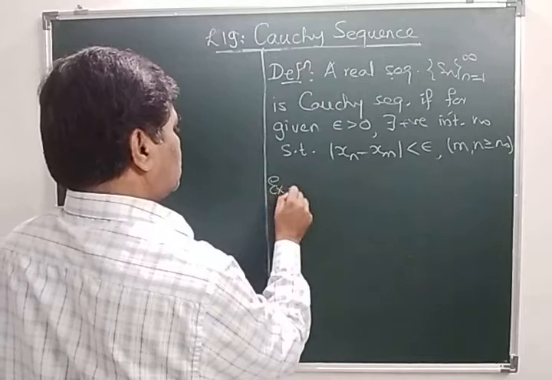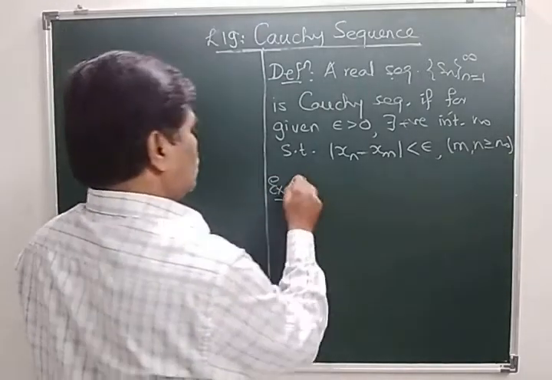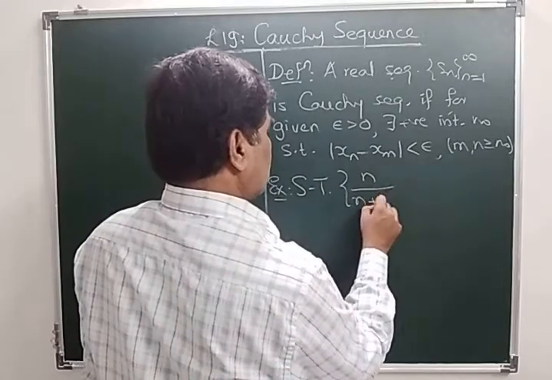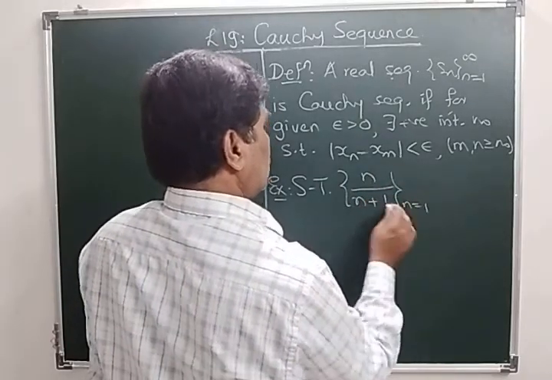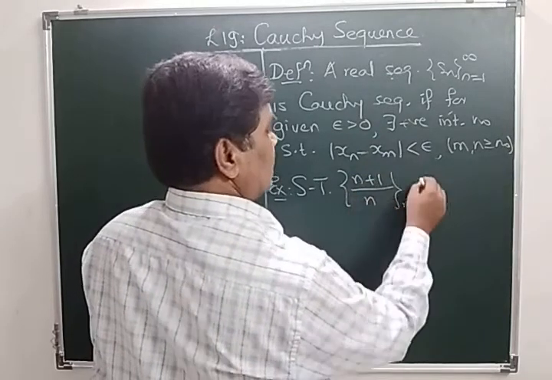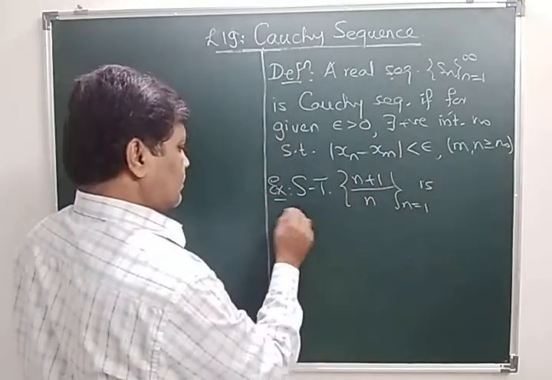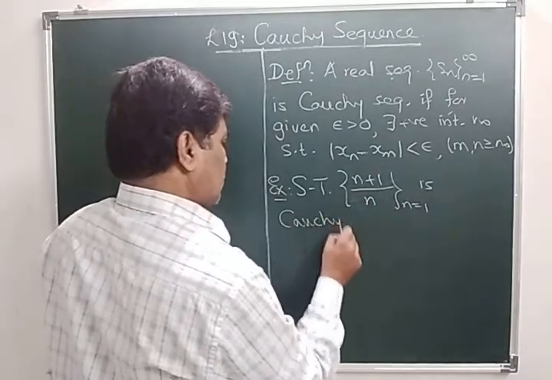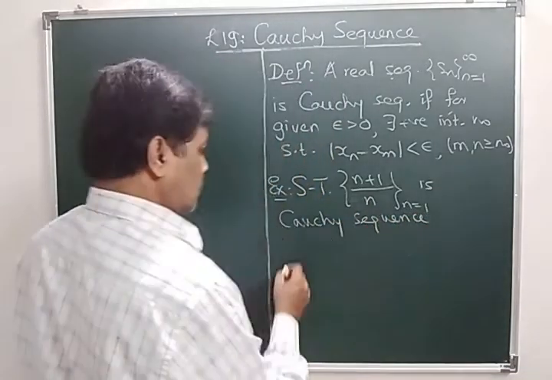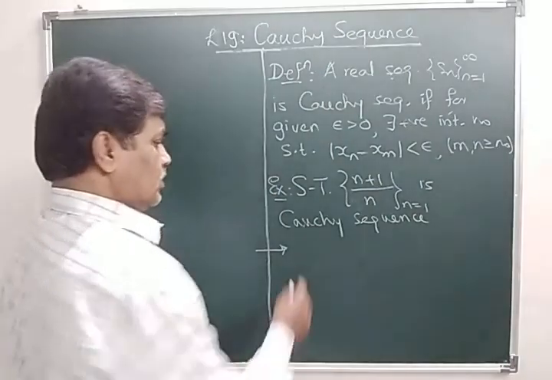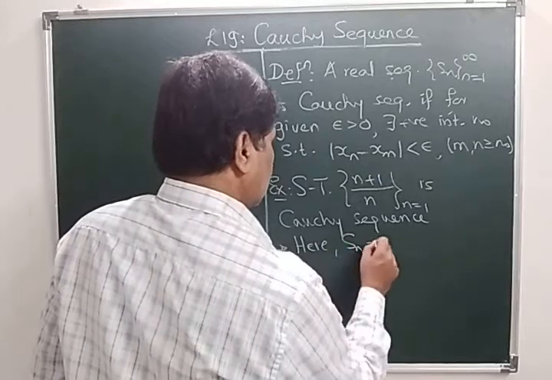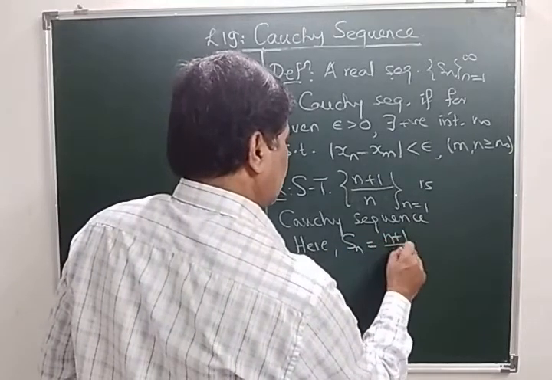Example: say if I take n upon n plus 1, or say n plus 1 upon n, is it a Cauchy sequence? So here, for this sequence, what is your Sn? Sn is n plus 1 upon n for every n.